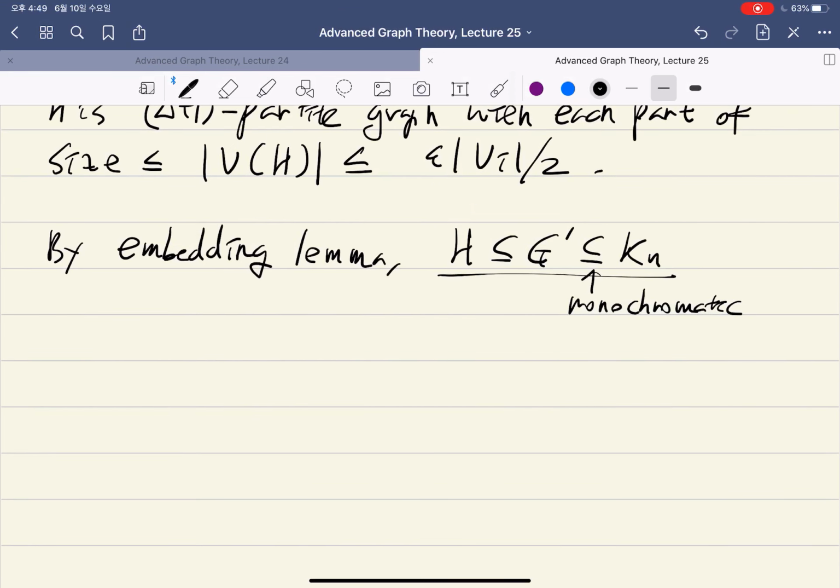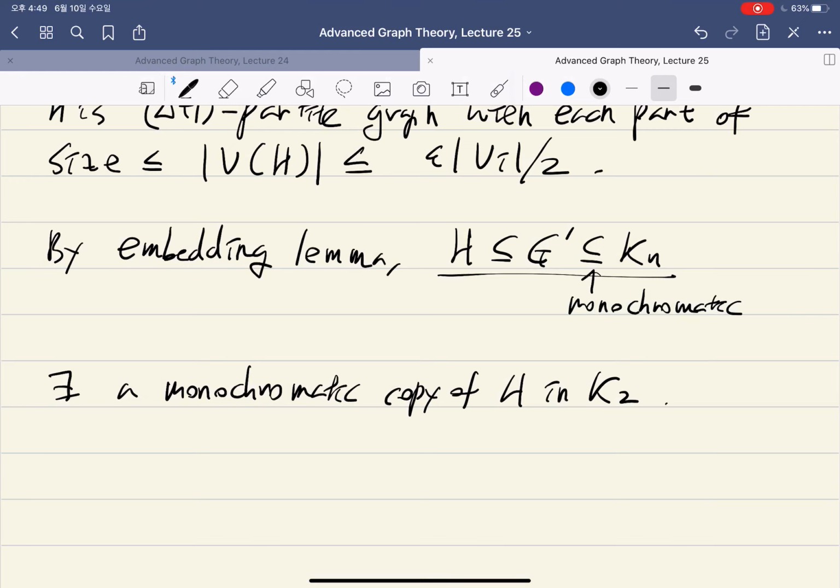So hence we conclude that there exists a monochromatic copy of H in this 2-coloring of K_n.